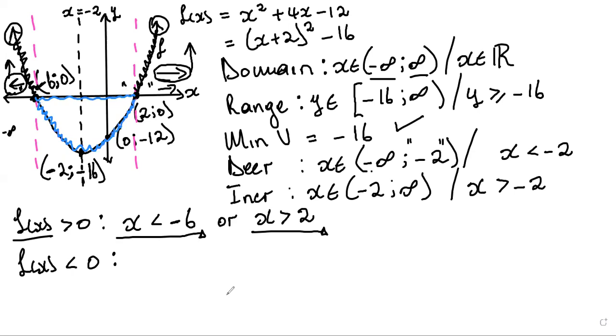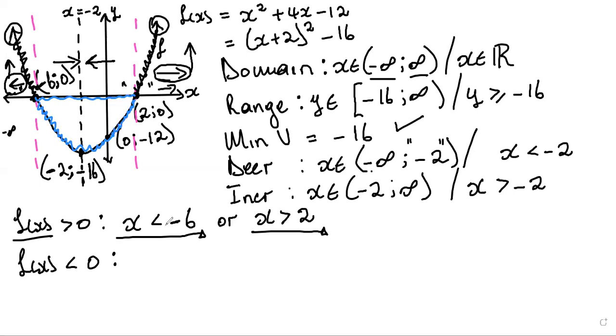So if the function is below the x-axis, it means the y values are negative. Are you fine? Any value of x that is greater than -6 but less than 2, the y value is going to be negative for those x values.